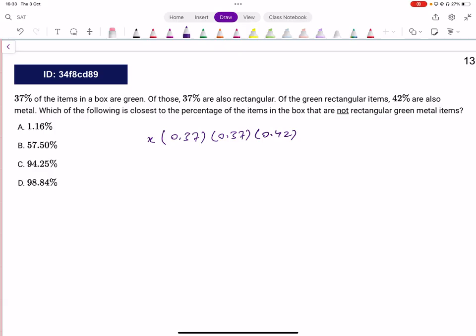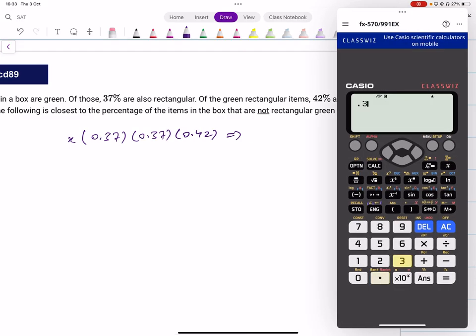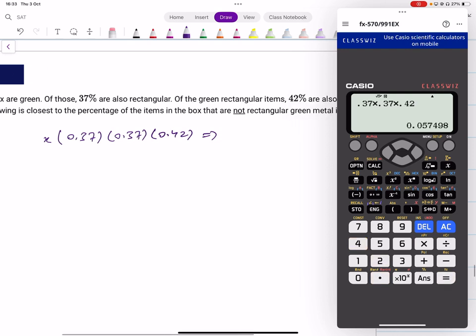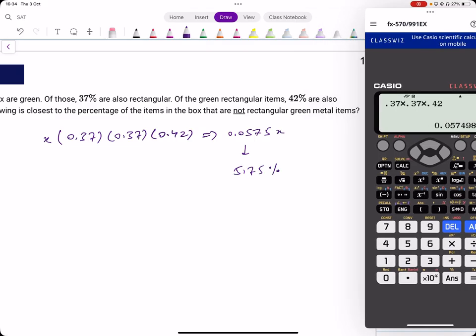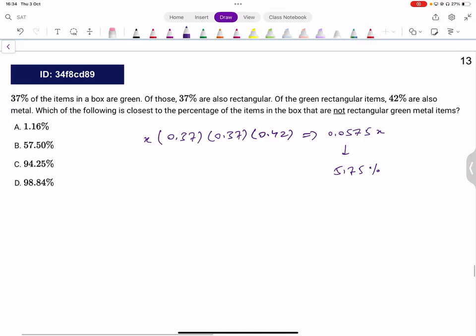Which of the following is close to the percentage of items that are not green rectangular metal items? What's this number? Let's calculate this first. 0.37 into 0.37 into 0.42. That's 0.0575. In percentage, that would be 5.75%. Is that okay? These are green rectangular metals.